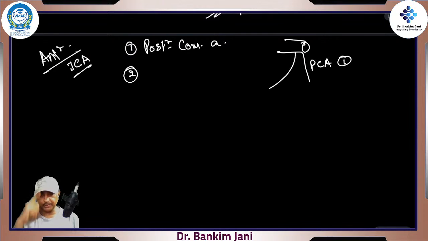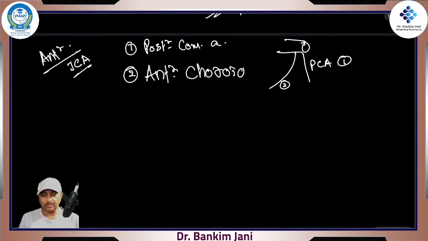Another branch which we drew over there, the second one, is the anterior choroidal artery, right? So this one is the anterior choroidal artery. Now this artery looks so small, but it is super powerful, because if there is any damage, it leads to such major things in the body.